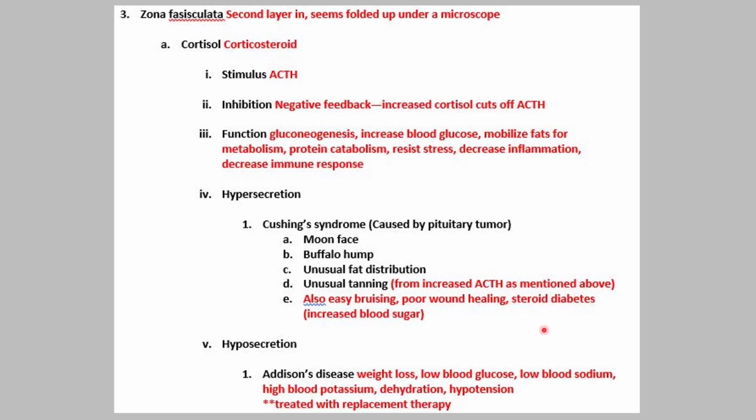Steroid diabetes. Well, if we have too much cortisol, we're going to have very high blood glucose. Very high blood glucose is going to cause something very similar to diabetes mellitus. It's a different type of diabetes.